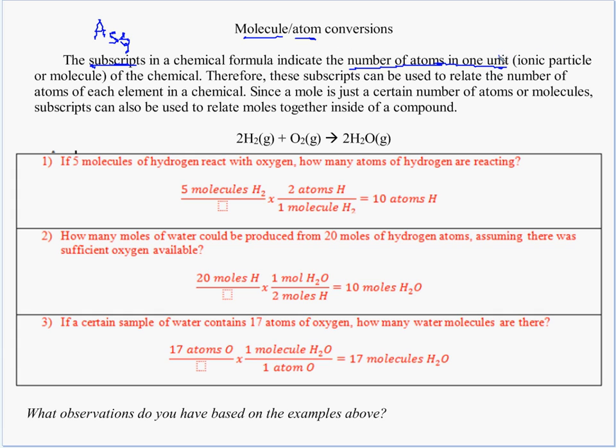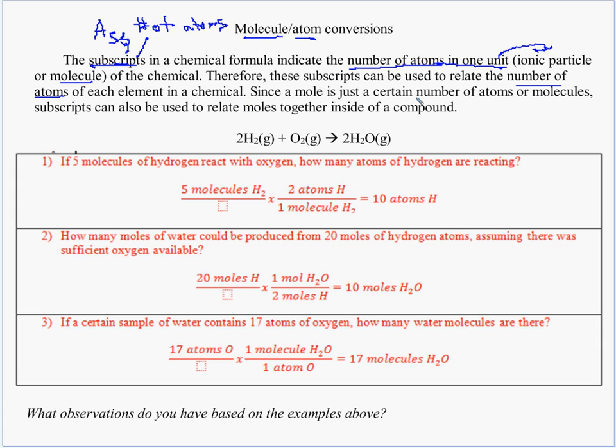So unit being ionic particle or molecule. Therefore, these subscripts can be used to relate the number of atoms. So subscripts is number of atoms of each element in a chemical. So relate the number of atoms to each other, I'm assuming.